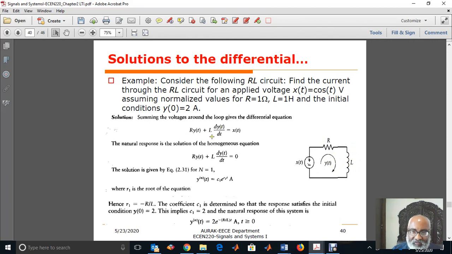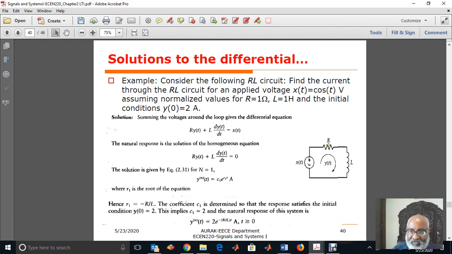So this is a differential equation. If we use KVL, the input voltage x of t equals the voltage across the resistor plus the voltage across the inductor. The voltage across the inductor is L di/dt, but the current is y, so L dy/dt.